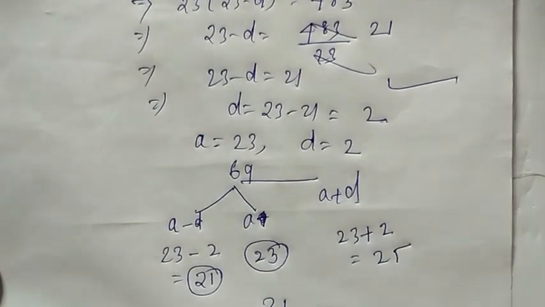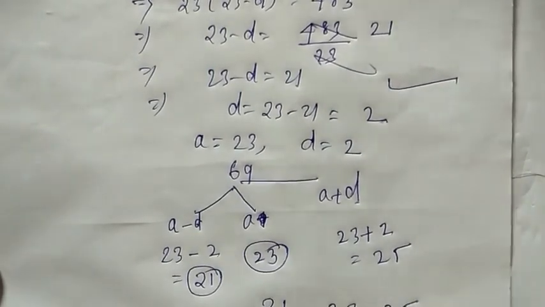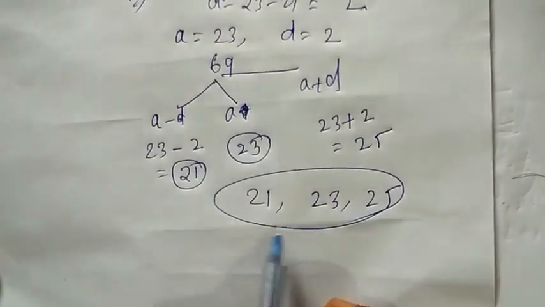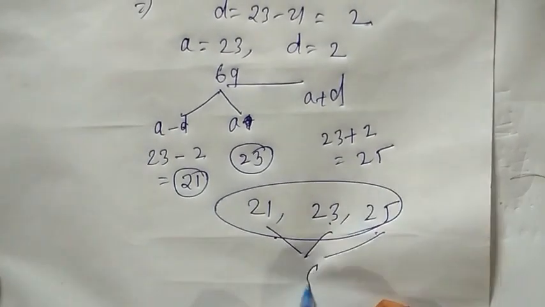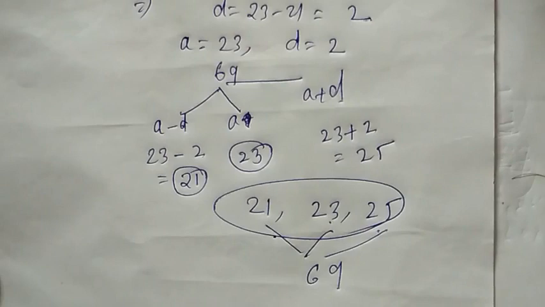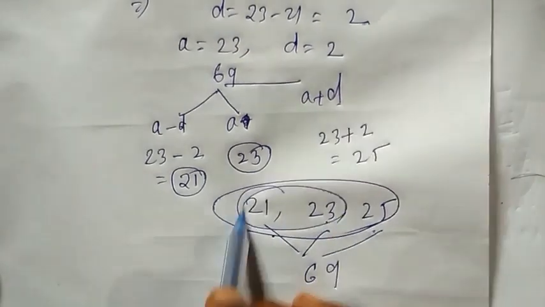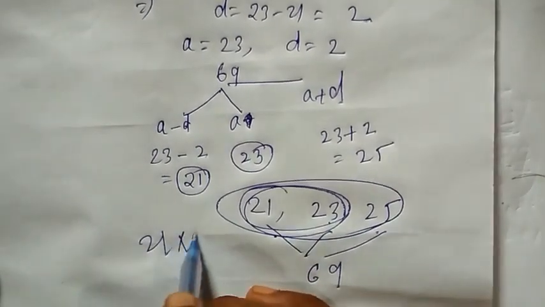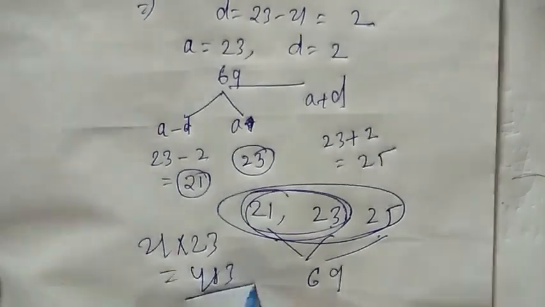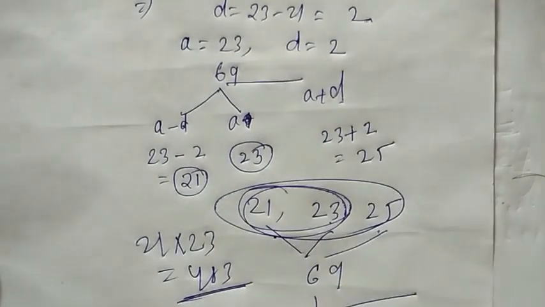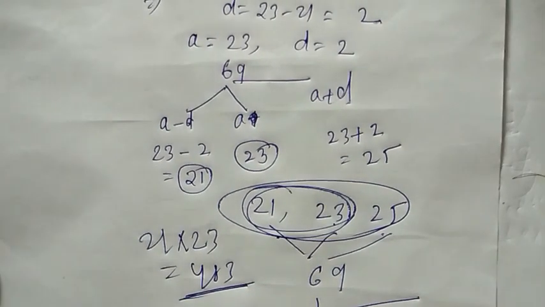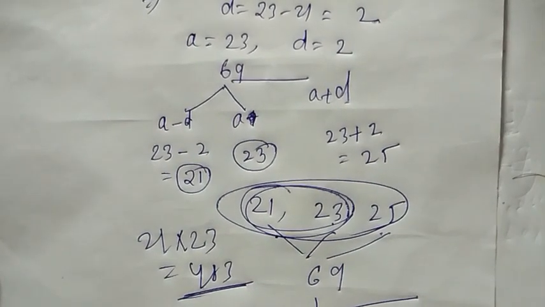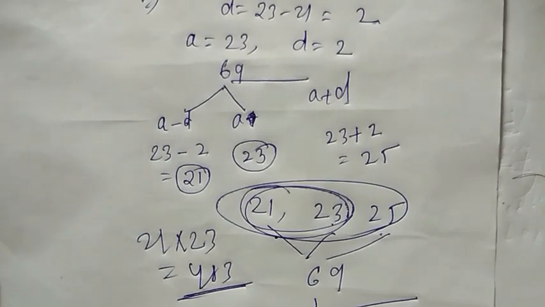So the numbers are 21, 23 and 25. If we add, we get 69. And if these two are multiplied, 21 into 23, the answer is 483. Is it clear? While solving a question like that, you need to select the required 3 numbers from the AP.